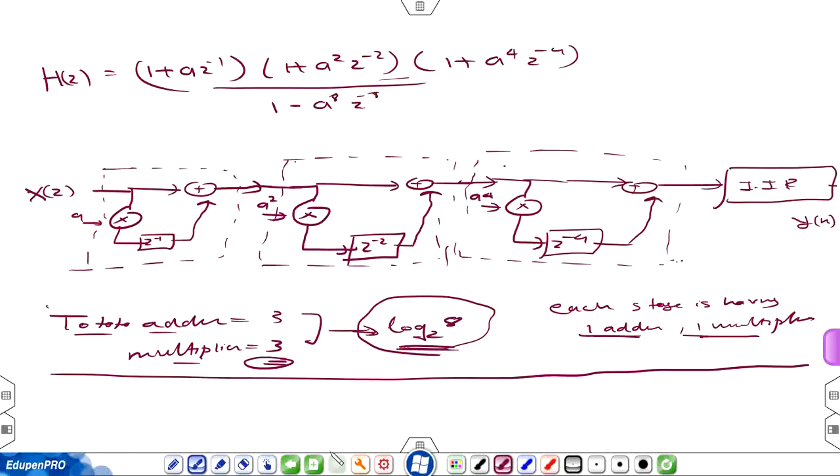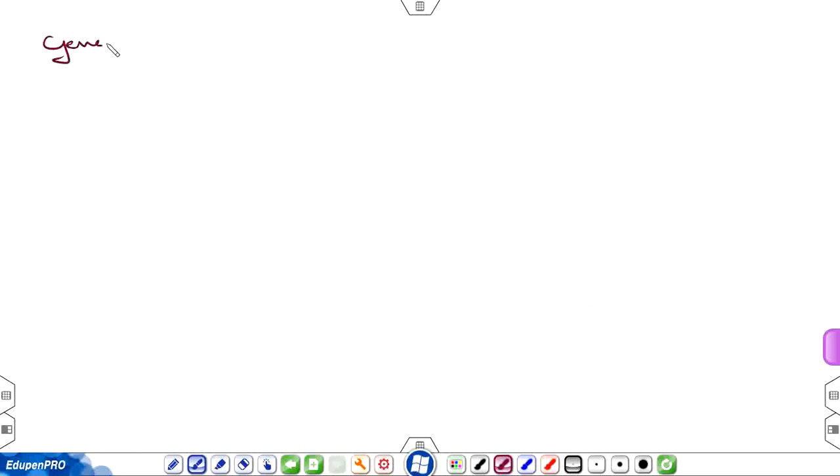Okay, so now I can generalize this method for any value m. Generalized form, for any value m.